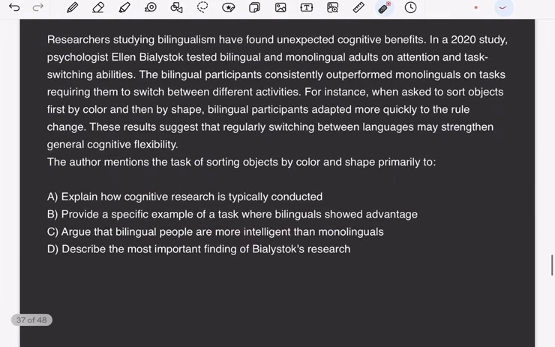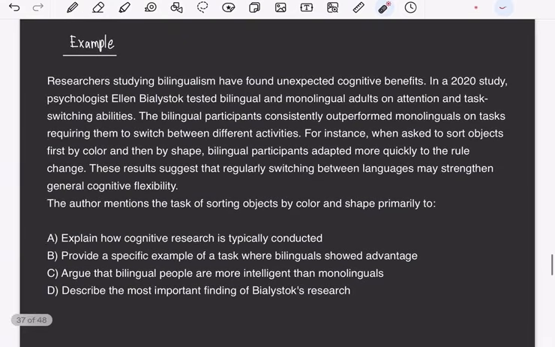So let's go through an example question so that we can better understand what we're looking for. Researchers studying bilingualism have found unexpected cognitive benefits. In a 2020 study, psychologist Ellen tested bilingual and monolingual adults on attention and task switching abilities. The bilingual participants consistently outperformed monolinguals on a task requiring them to switch between different activities.